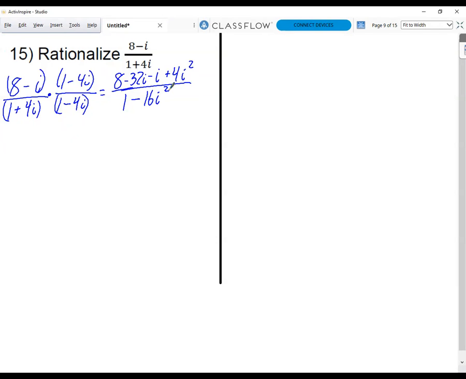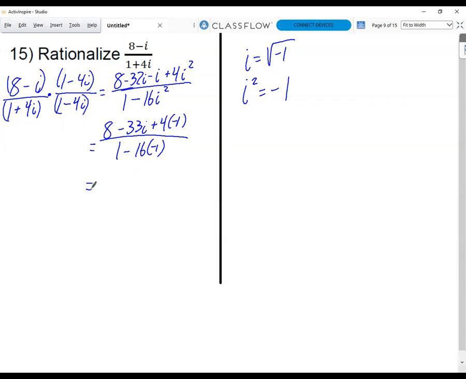And one cool trick that, the more you do it, the more you can see it. Remember, i equals the square root of negative 1. So i squared equals negative 1. All i squared does is change the sign of whatever numbers it's associated with. And I'll work it out, but just moving forward. Combine your like terms, so it's 8, negative 32 minus i is going to be negative 33i, plus 4 times negative 1, over 1 minus 16 times negative 1.